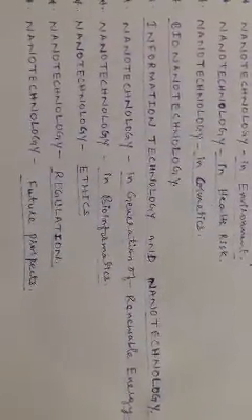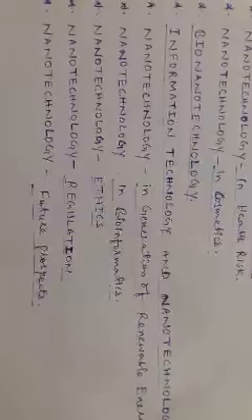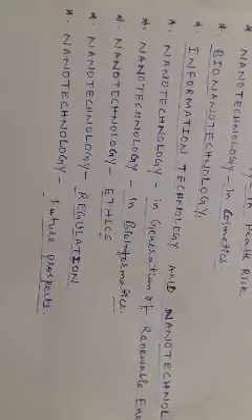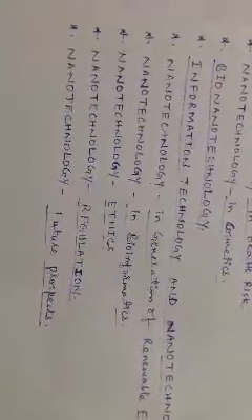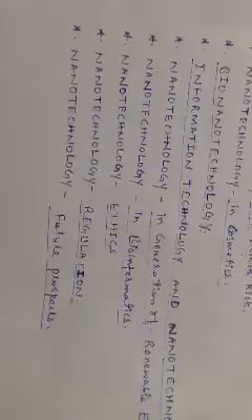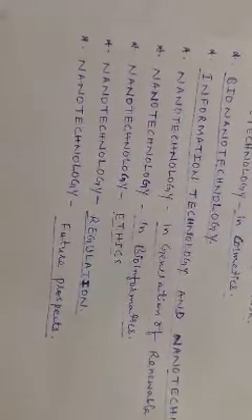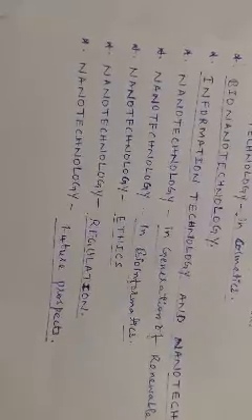So what is tissue engineering? First of all, what is tissue engineering? Tissue engineering is the use of a combination of cells, engineering and materials methods, and suitable biochemical and physicochemical factors to improve or replace biological tissues.